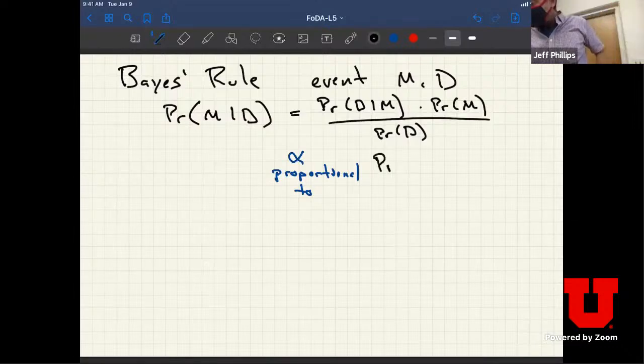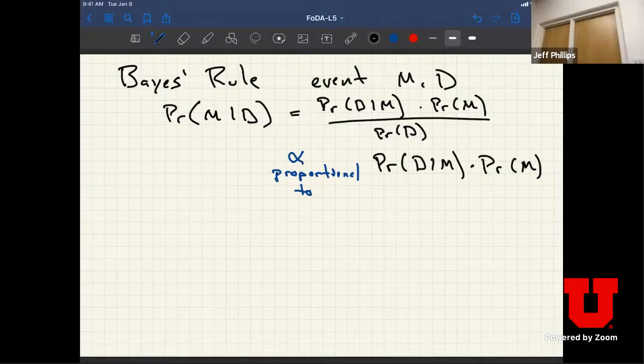But this is proportional to, where I've crossed out the denominator. So the probability of the model given the data is proportional to the probability of the data given the model times the probability of the model. This is true if the probability of the data is fixed, which in all the situations we're going to be considering is going to be the case.